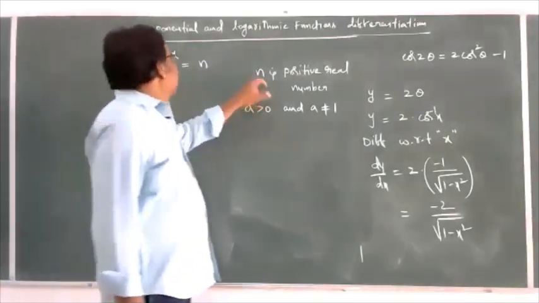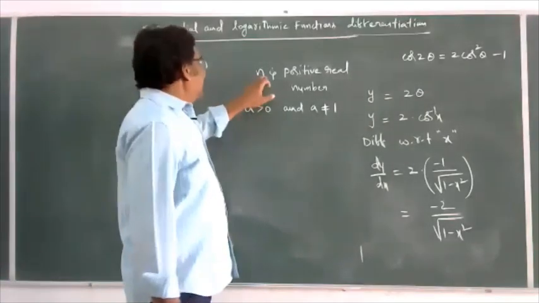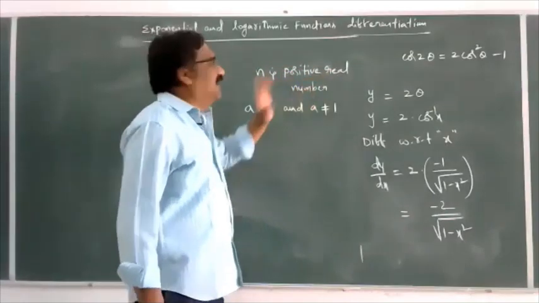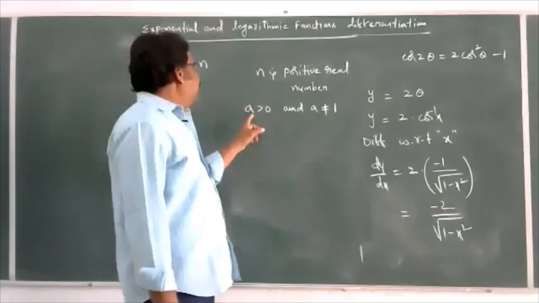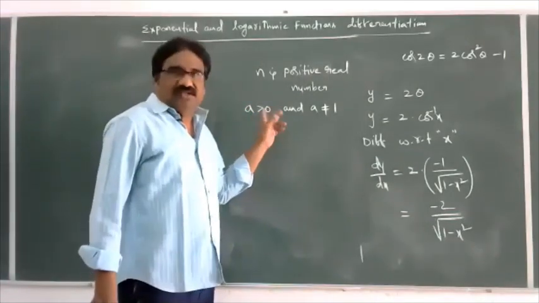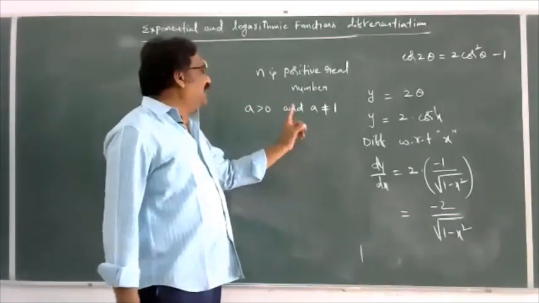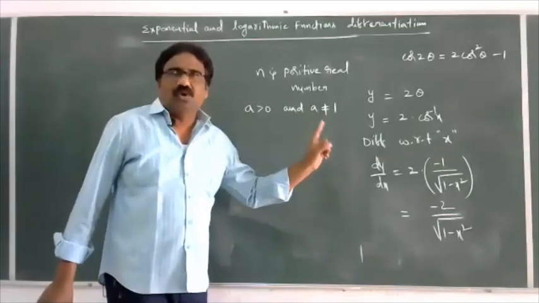So a power x is equal to n, where n is any positive real number and a is a positive real number, not equal to 1.